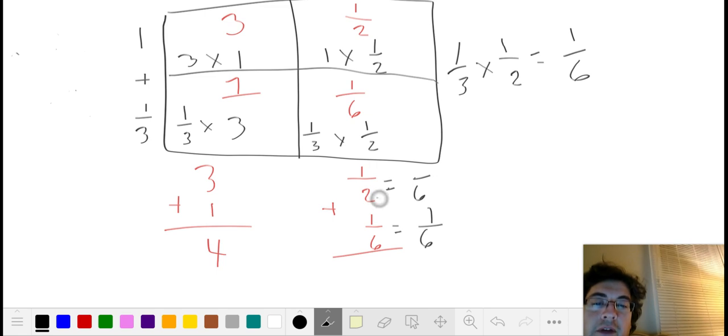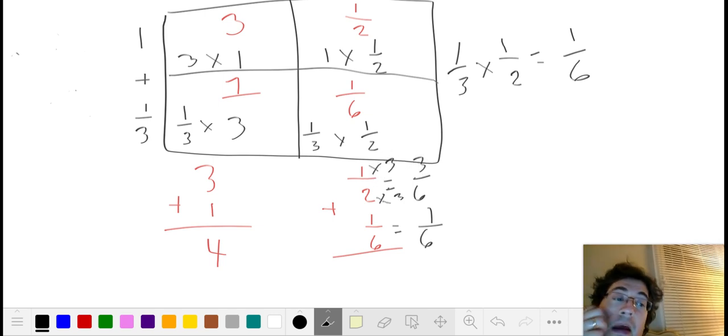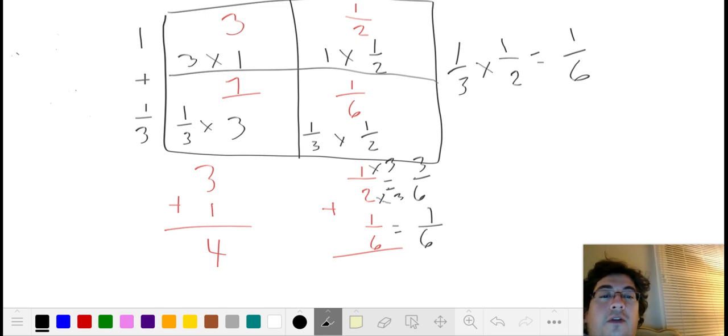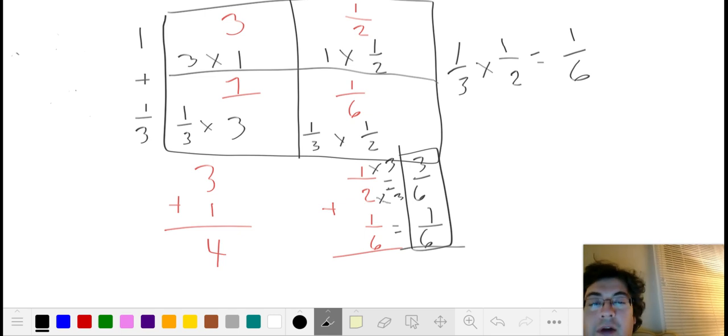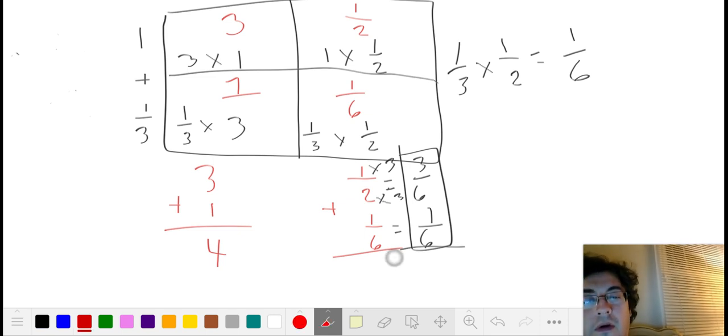Now, 1/2, because I have to multiply this 2 by 3 to get to 6, I have to multiply my 1 by 3. And so 1/2 as a fraction over 6 is 3/6. And so I'm going to add my 3/6 and my 1/6, and I'm going to get 4/6.